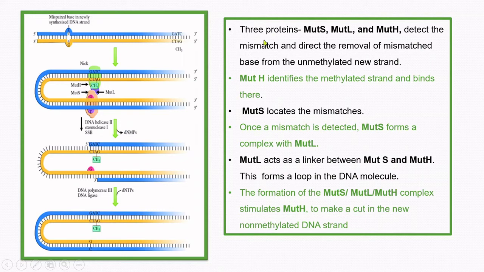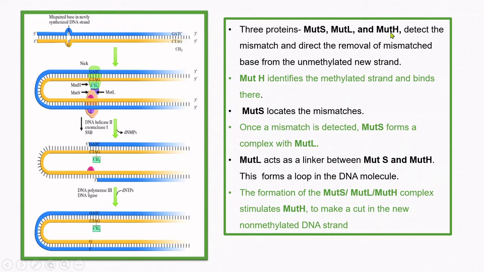Three proteins designated as MutS, MutL, and MutH detect the mismatch. Here there is a mismatch where G has mispaired with T. This yellow one is the template strand, and as you can see it is methylated, and the blue one is the new strand, which for the time being is unmethylated.